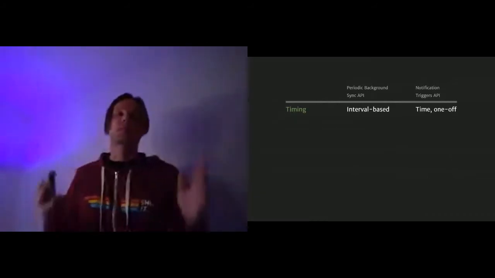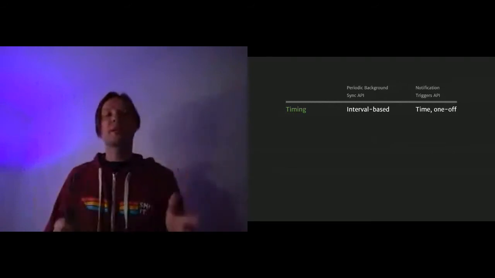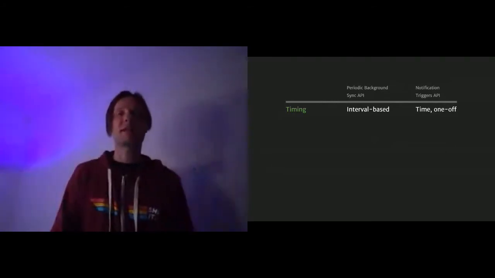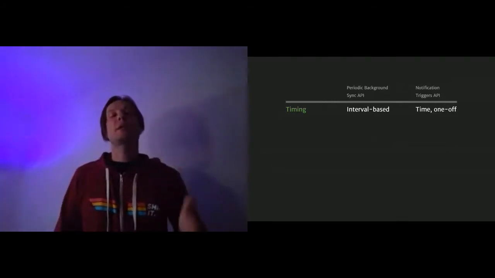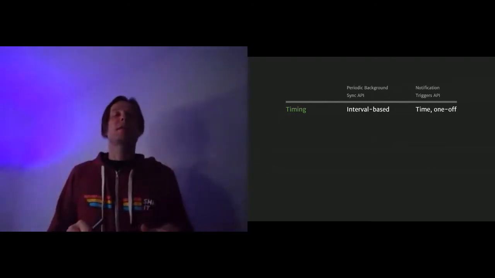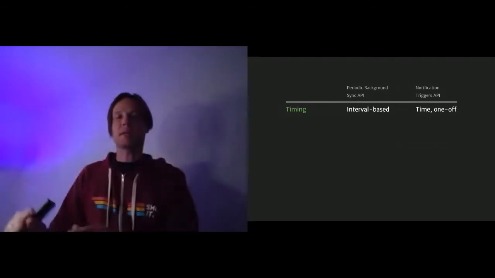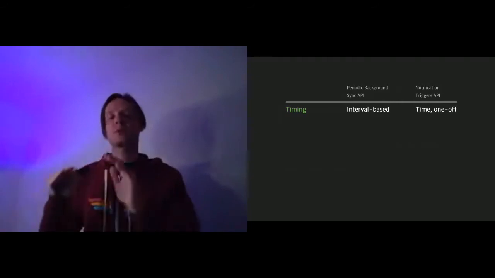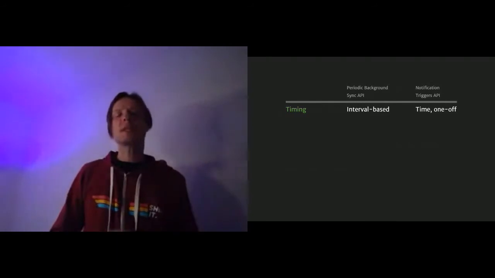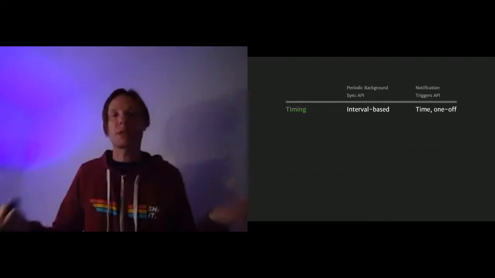Let's start. Timing. Even from the name of the periodic background sync API, we can clearly understand that it's something about intervals, about periods, right? And once we registered this, let's call this sync, it will stay for more or less forever with this application on this particular user device until we explicitly unregister it, or maybe until the user completely reinstalls the browser.